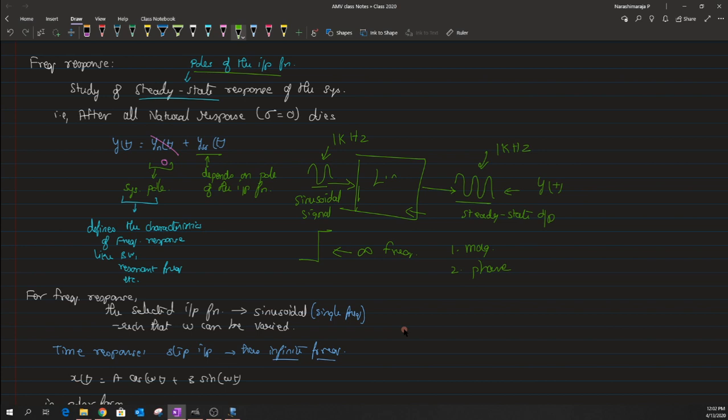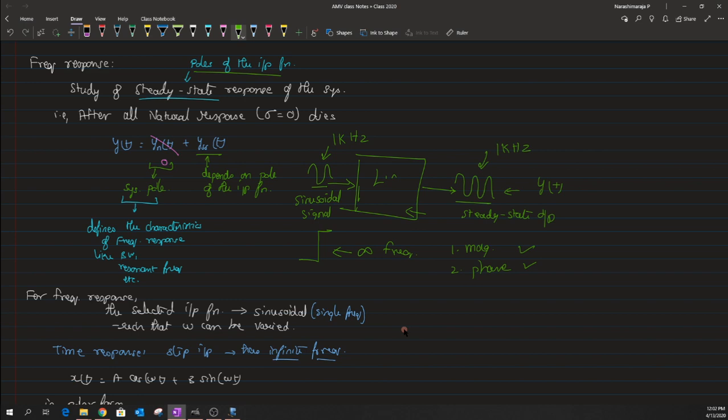So as I said, for a frequency response, the frequency of the input and output signal will be the same, but the only two quantities that differ from the input to the output are the magnitude and the phase. Those are the two quantities that can vary between the input sinusoid and the output sinusoid.